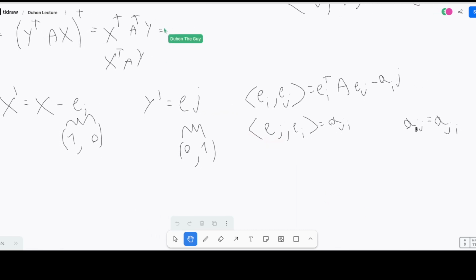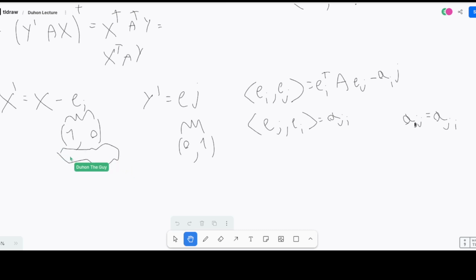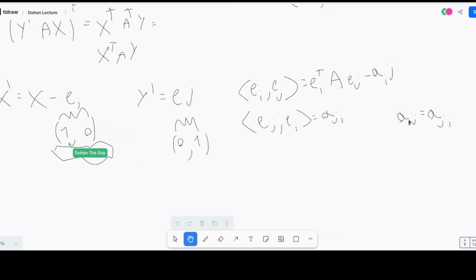Now that I think about it, this is a little bit inaccurate. This is not exactly the definition of e_i and e_j. It's exactly as said, that this is going to be 0 elsewhere and 1 exactly in the i-th index, the index of number i, and this is going to be the index of number j.